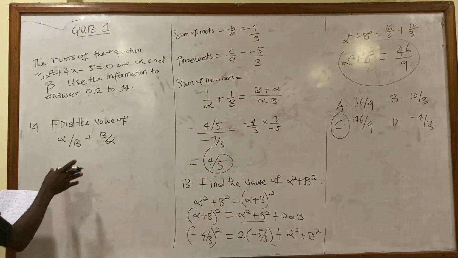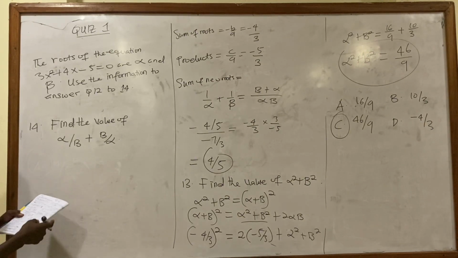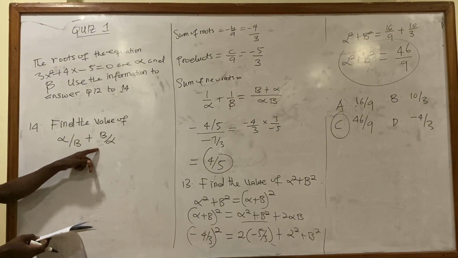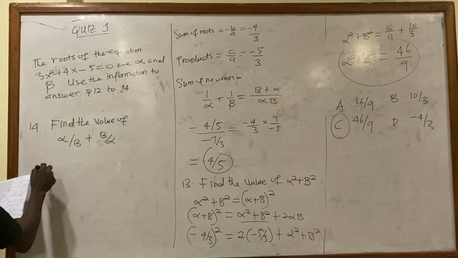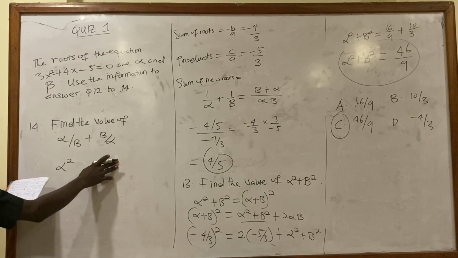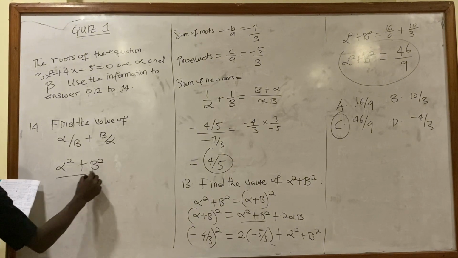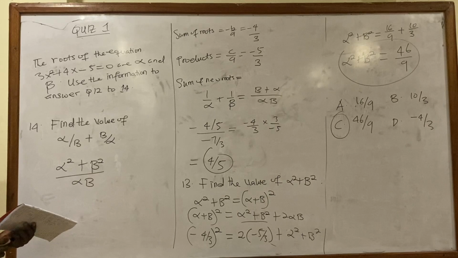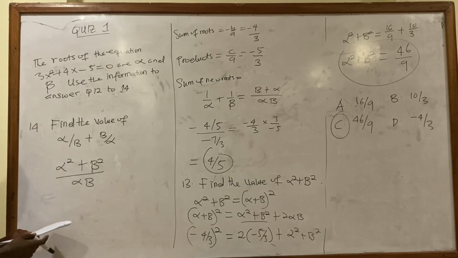Alright, so simplifying this, you have to find the LCM for this, and then you can go ahead and put in your values. So you have alpha squared plus beta squared all over alpha beta. And this, you already know the value for, so you don't have to stress yourself.